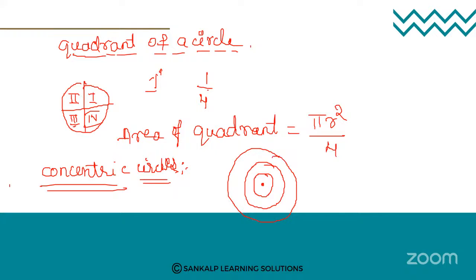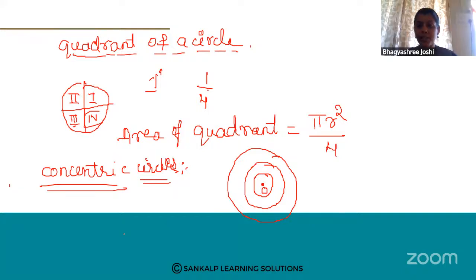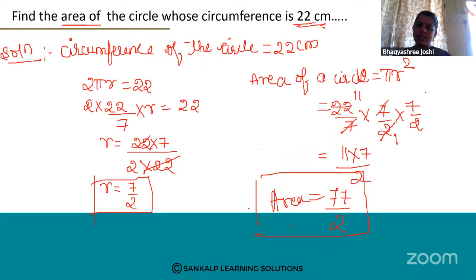All these circles have the same central point but different radius, right? Such type of circles are called concentric circles. Next, when circumference is given, we need to find out the area.